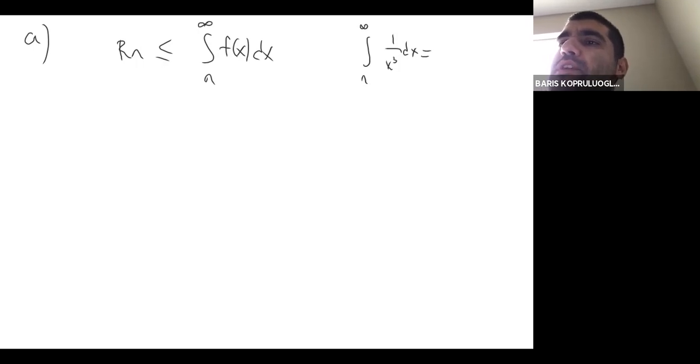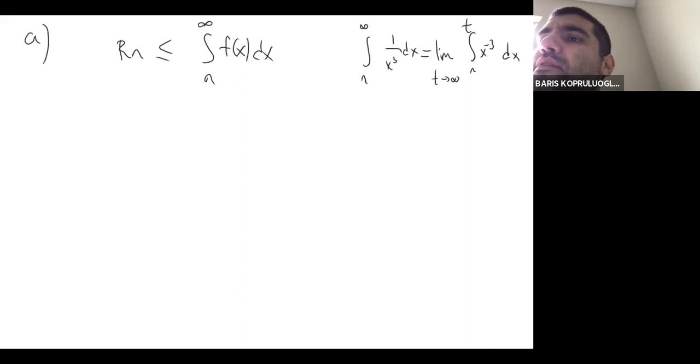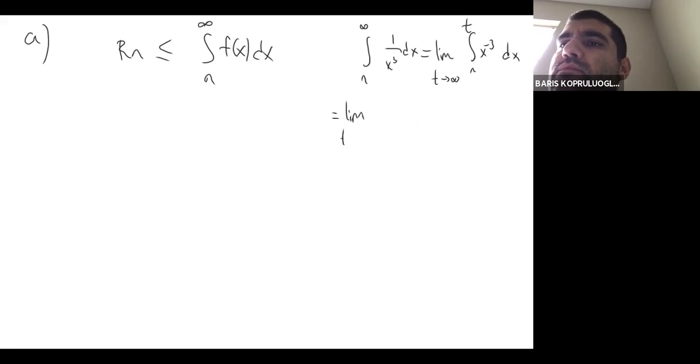This is an improper integral, so then limit as t goes to infinity from n to t, x to the power of -3 dx. The antiderivative of x to the power of -3 is x to the power of -2 over -2 from n to t. So we can pull out the -1/2.